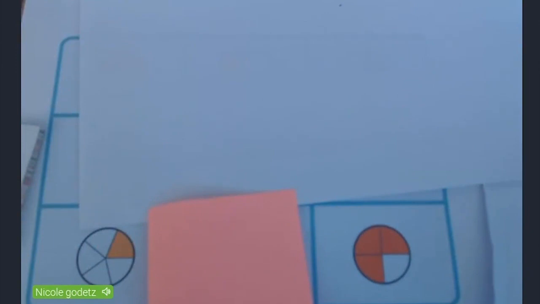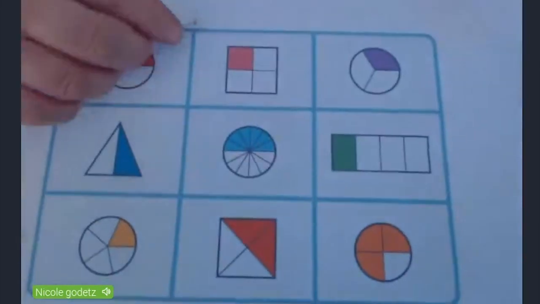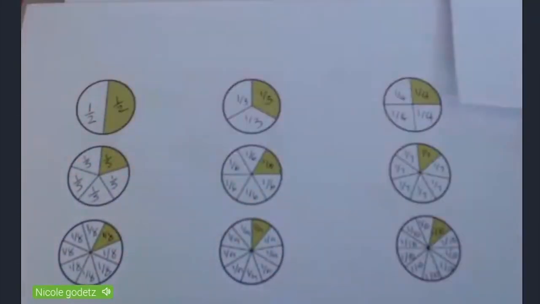Okay. How much is shaded? Well done. Okay. So when we are looking at shapes, let me remove all of these. Now we're going to move on to something that challenges us a little bit more. Okay, I knew that was easy. I just wanted to make sure that we were clear.